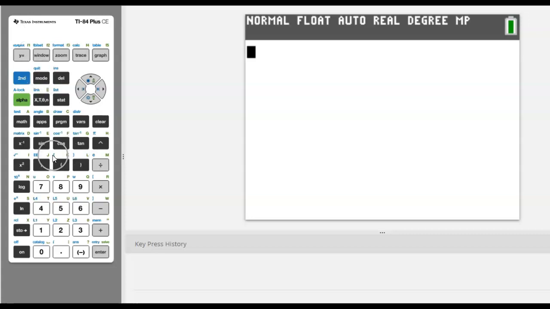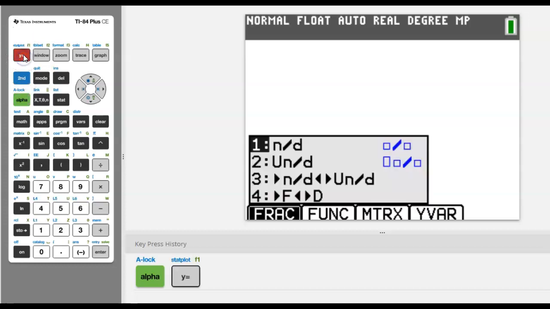Guys, today we're going to look at how we can use the TI-84 calculator to add, subtract, multiply, and divide fractions. For us to do that, we need the Half key, which is here, and then you go to the Y. Option 1 is normal fraction here, and if you have a mixed fraction, you can also use option 2.